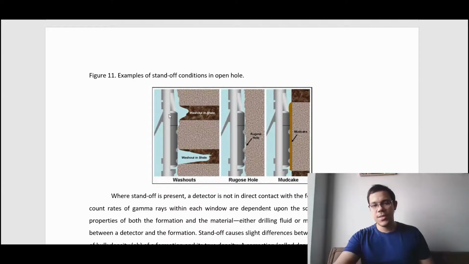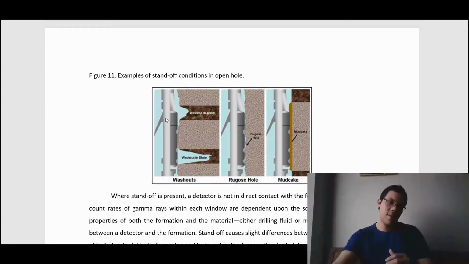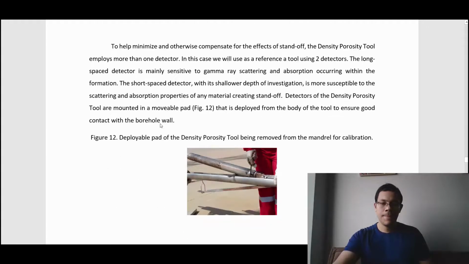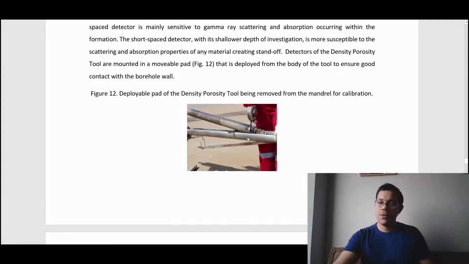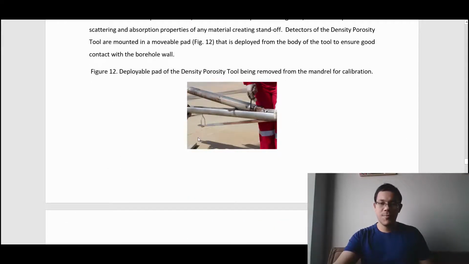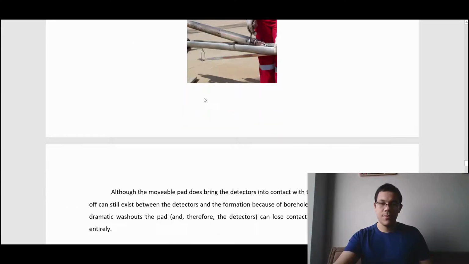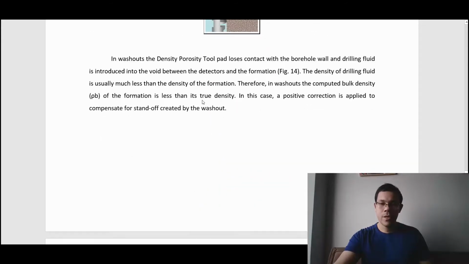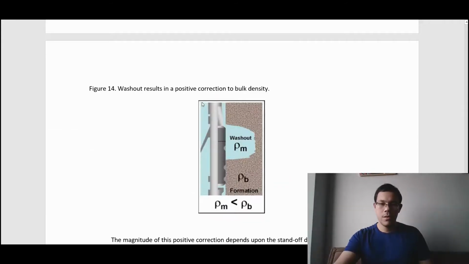In this diagram, you can see that the density tool has a pad. This is the pad, and on the back, it has usually a caliper. This is a model of one service company. This is a caliper, and this is the pad where the radioactive source is installed. And these are the corrections.